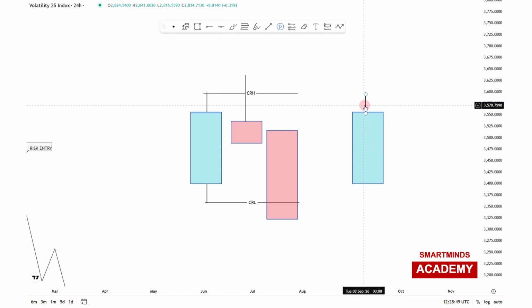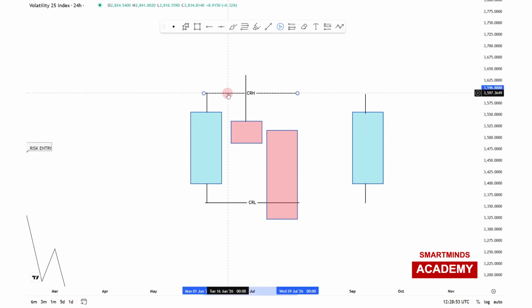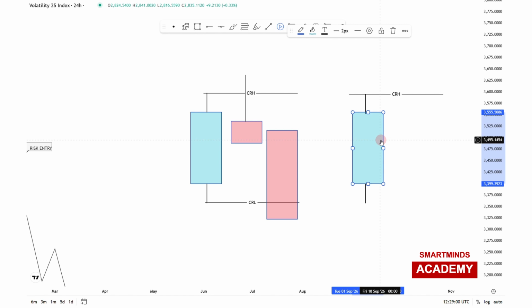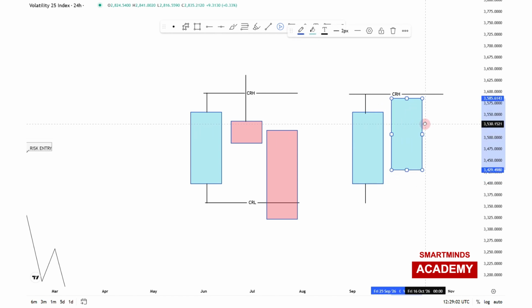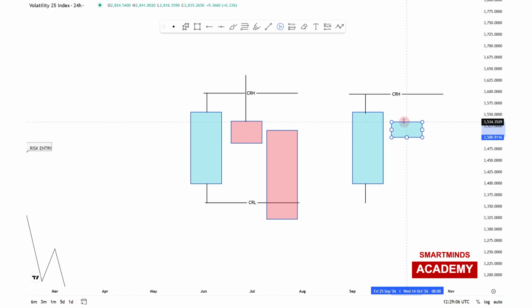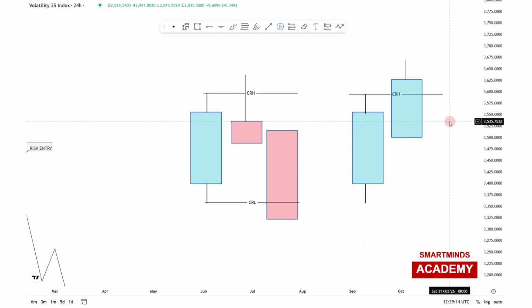Now in this case, if you see your range candlestick, the price opens within the range but closes above the range. If this candlestick opens here and is pushed to the upside, and then closes above the range here, this is not going to give you a reversal.